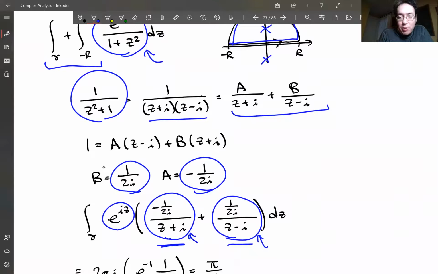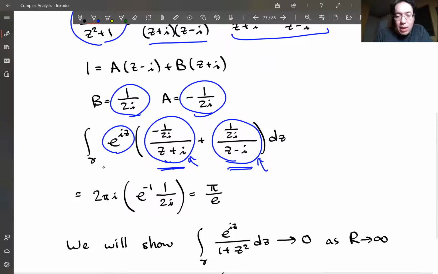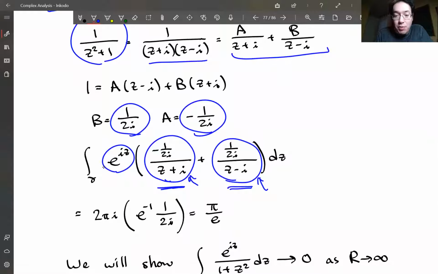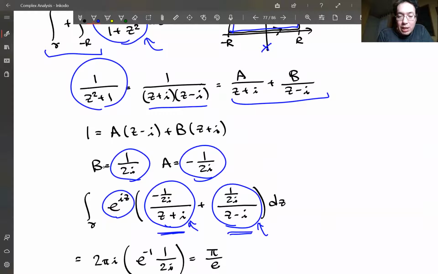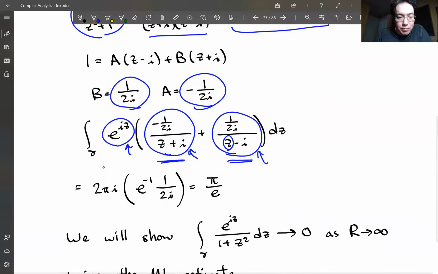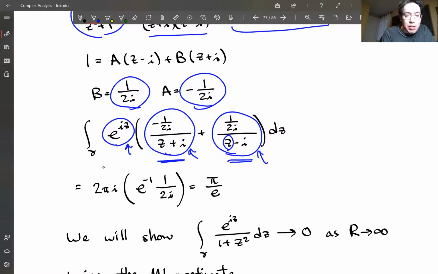The second integral, we can use the Cauchy integral formula. We basically plug in z equals i into the integrand, e to the iz times 1 over 2i. So by the Cauchy integral formula, we get 2 pi i times e to the i times i, which is e to the negative 1.